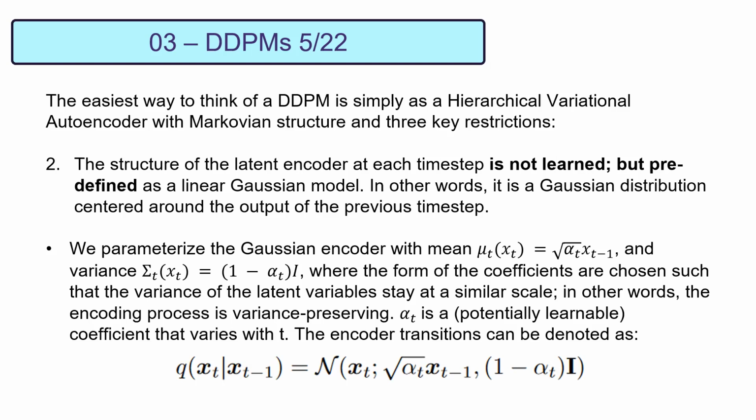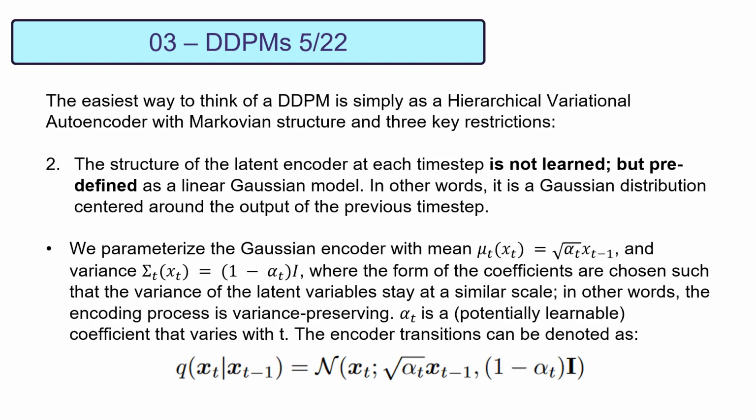Effectively I'm shifting my data distribution according to alpha. This is the mean, and the variance is fixed. The variance does not depend on the input. You can see there's no x, there's only the identity matrix. The reason is that when I finish the diffusion process, as I said before, we need to arrive at the standard Gaussian.